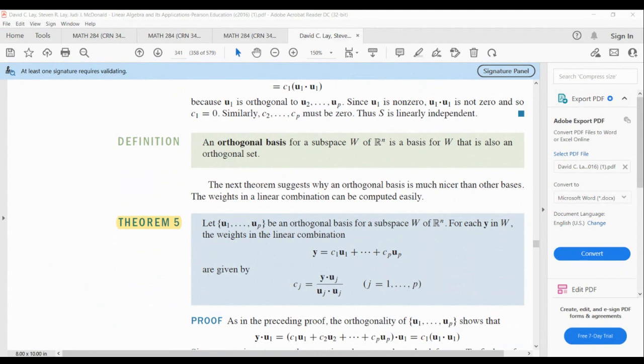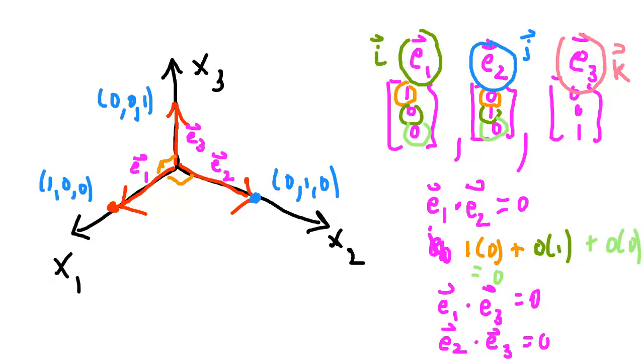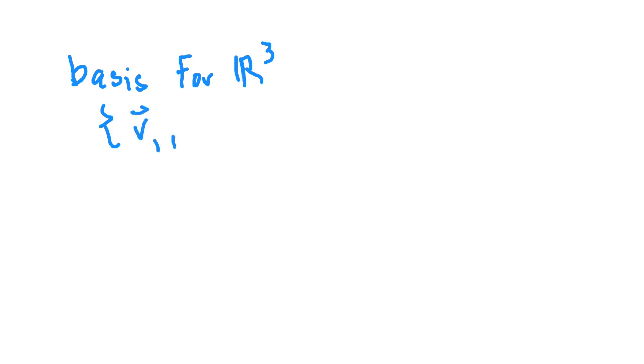Up to now, let me go to the whiteboard again and show you what we're getting at here. You can have a basis for R cubed, and let's say that basis is vectors v1, v2, and v3.